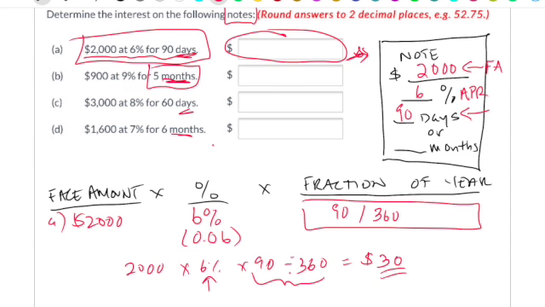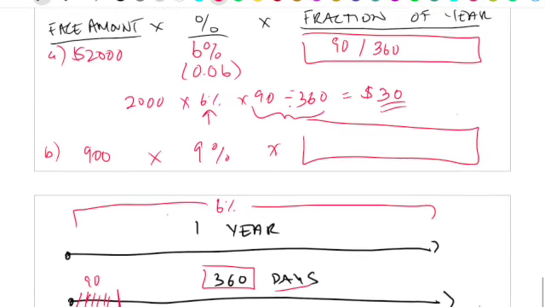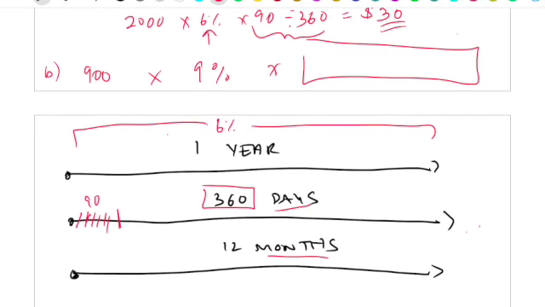$900 times 9%. Oh, sorry about that. Let me fix that. Make that a little neater. Times 9%. And now what we're going to do is, instead of days, we don't have 360. Instead, we have 12 months, and we're looking at about 5 months. So this is a 9% rate that applies to the full year.